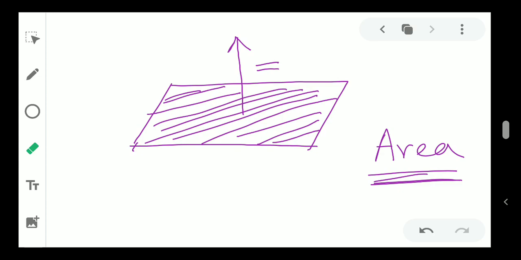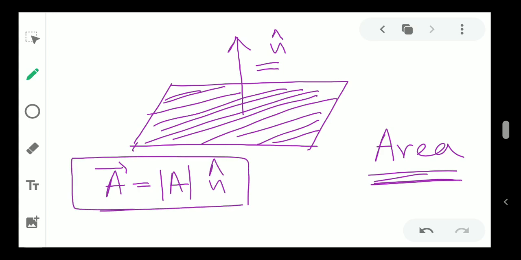So we will come back to that later on. For now you just remember that area is a vector quantity, and the direction is taken as the normal. So normal direction is called n cap, that means it is perpendicular to the plane. And let's say the value of the area is mod A, only the numerical value, so A can be written as |A| times n cap.